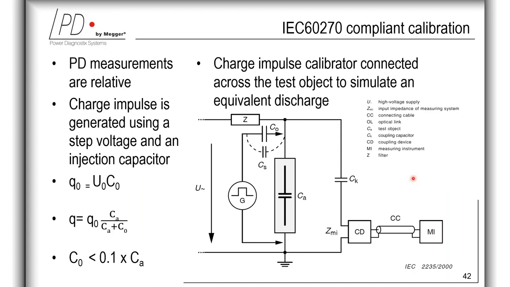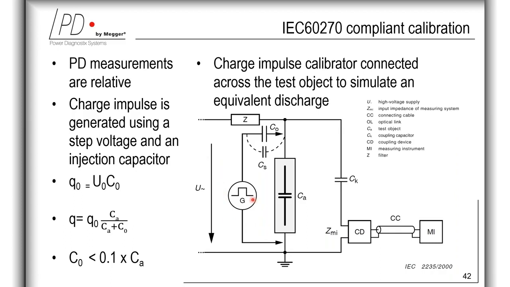So before talking about the testing methods, I would like to start with the IEC 60270 compliance calibration procedure. Partial discharge measurements are relative in terms of charge magnitudes, and they are not absolute measurements. That means the PD detector is calibrated in the circuit with the test object with a calibrator of known pulse magnitude.